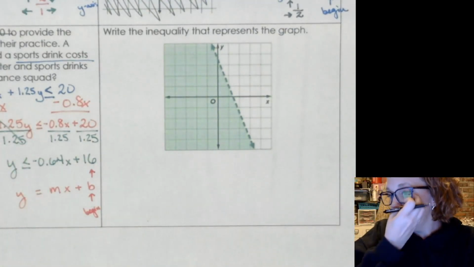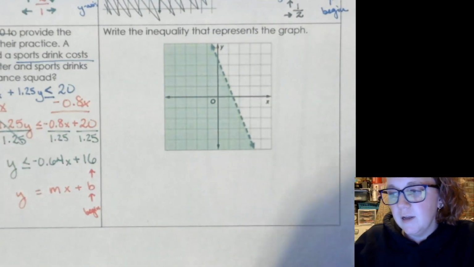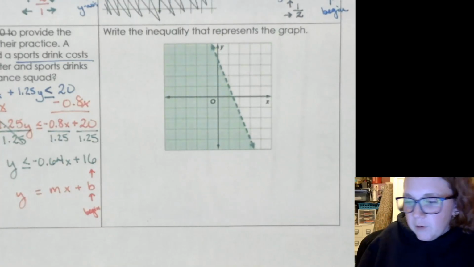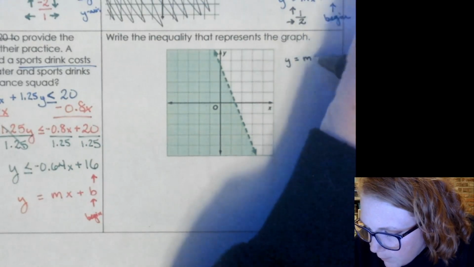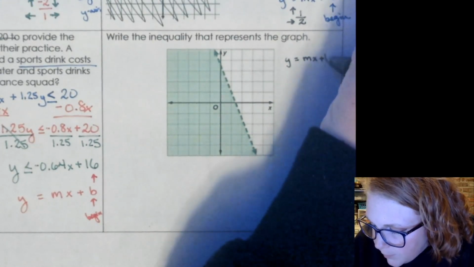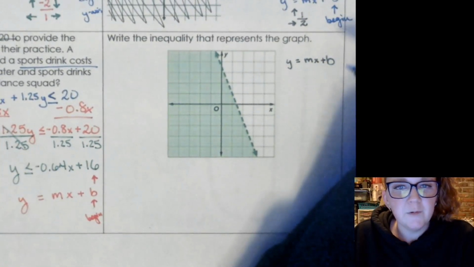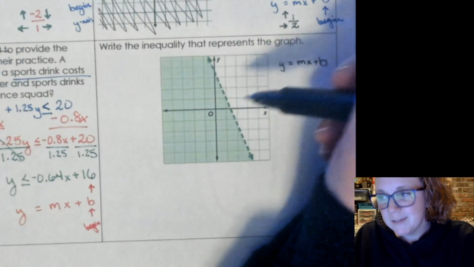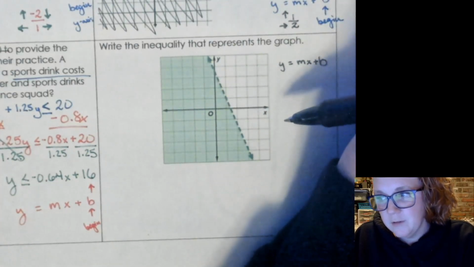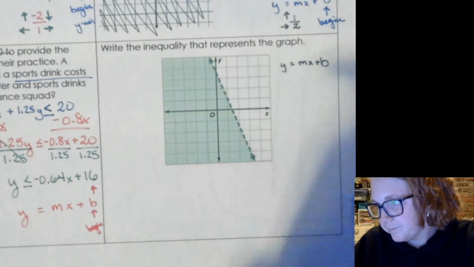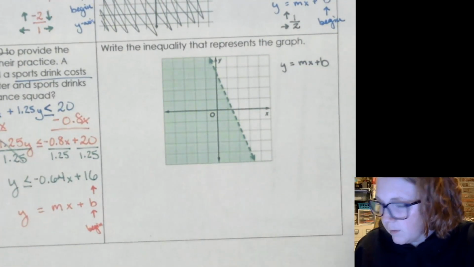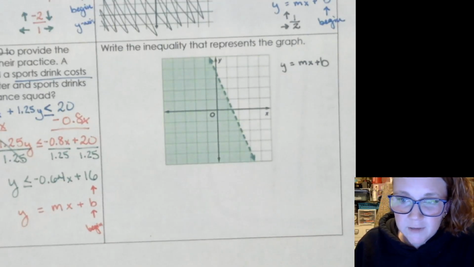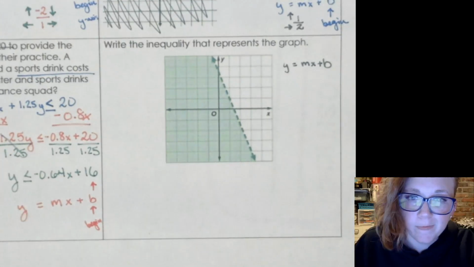So, remember for all of these, we're kind of gonna make something that looks like y equals mx plus b, right? That's what we were doing with all the other ones. You're gonna kind of do the exact same thing here. Okay. So let's take a look at what that looks like.